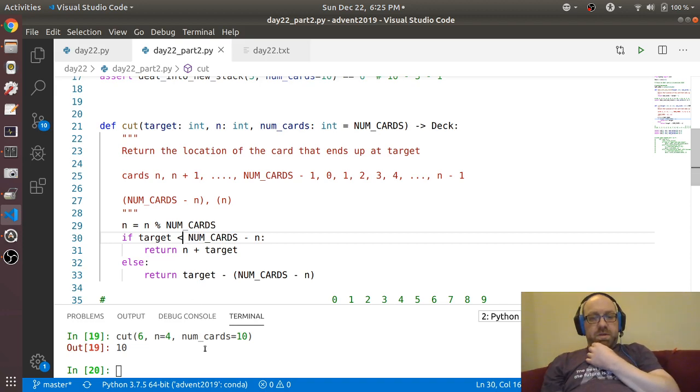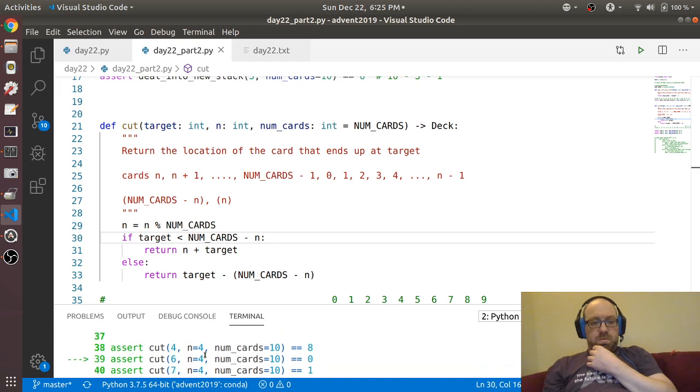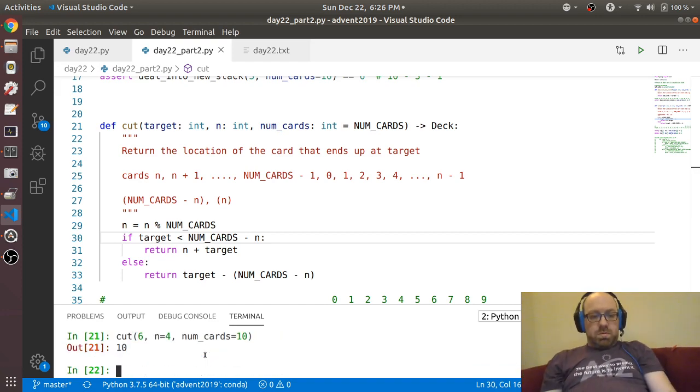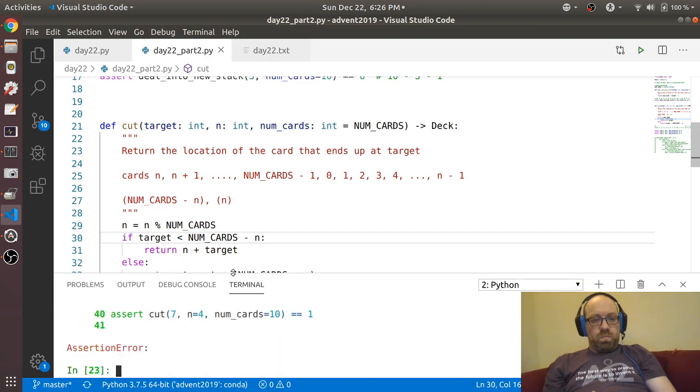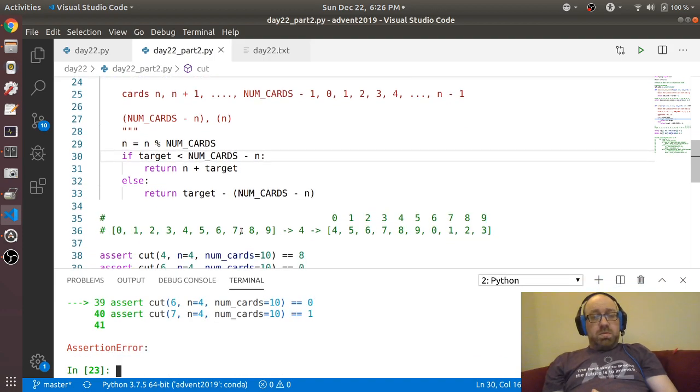Otherwise, so target is 6. Num cards minus n is 6. So that's not right.